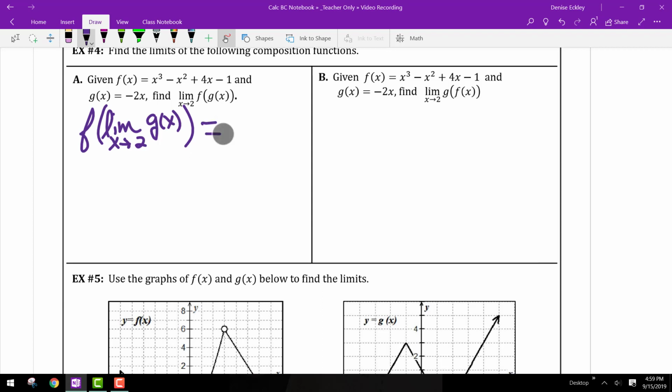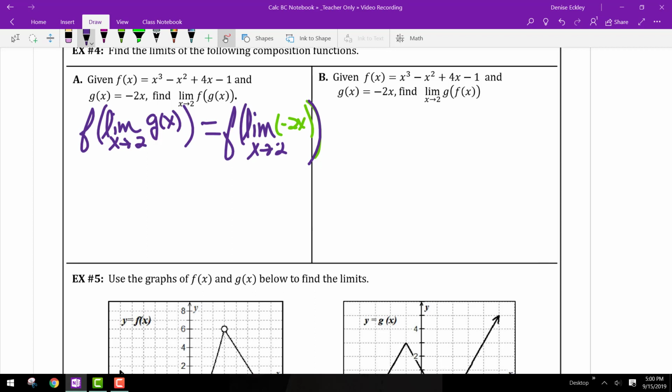Okay, so breaking that down anymore, what we're going to see is we can substitute in for g of x what g of x is, and in this case it is negative 2x. And then we can treat that using our limit properties and think of that as a constant times our identity.